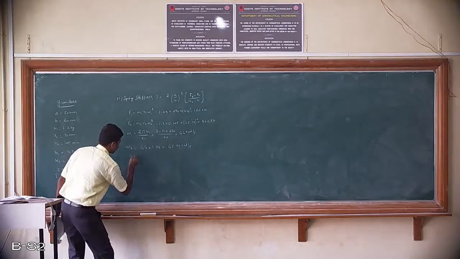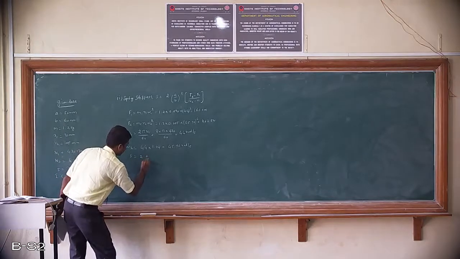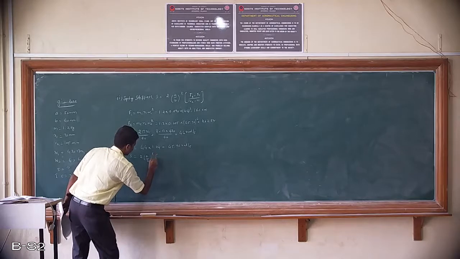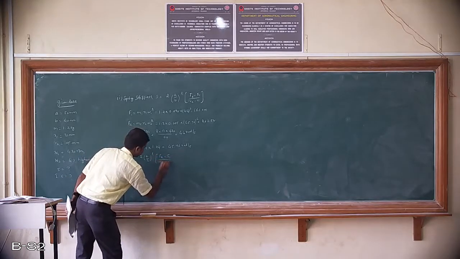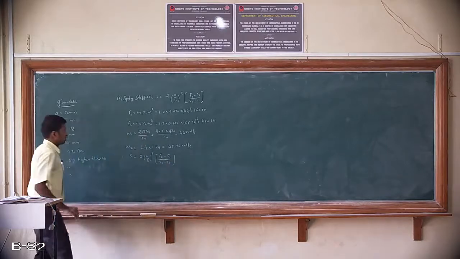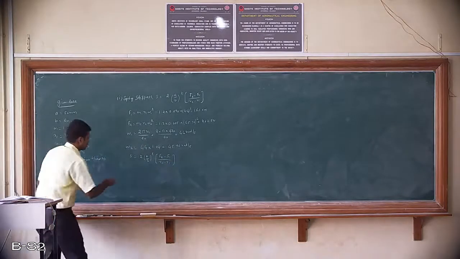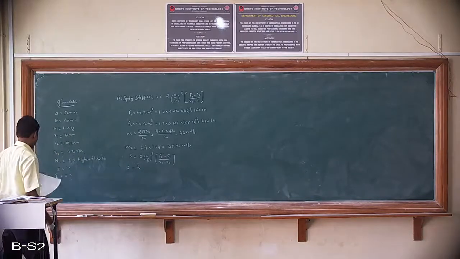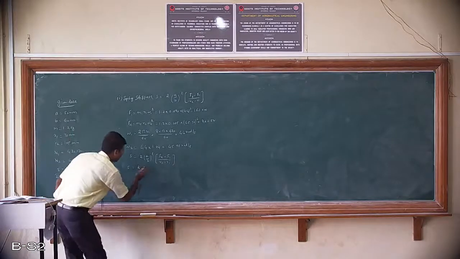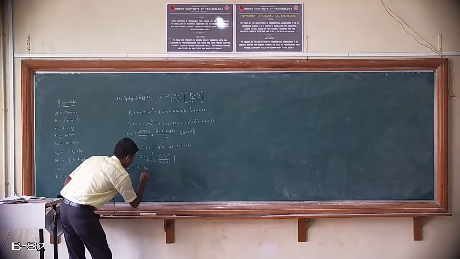So now you have all the values for S. Use the equation S is equal to 2 into (A by B) whole square into (F2 minus F1) divided by (R2 minus R1). So substitute all the values. A is 80, B is 40, so 80 divided by 40.